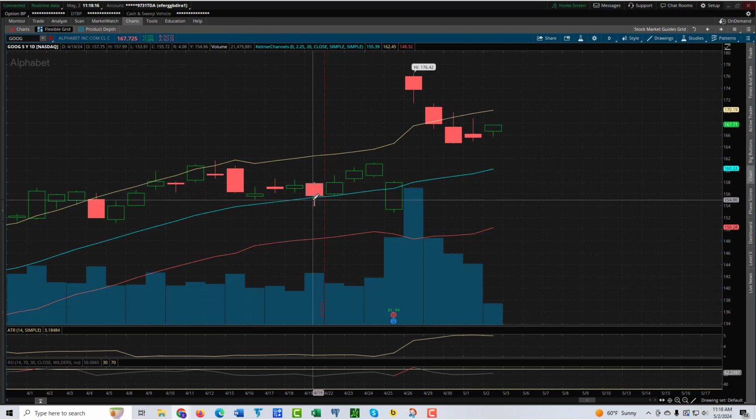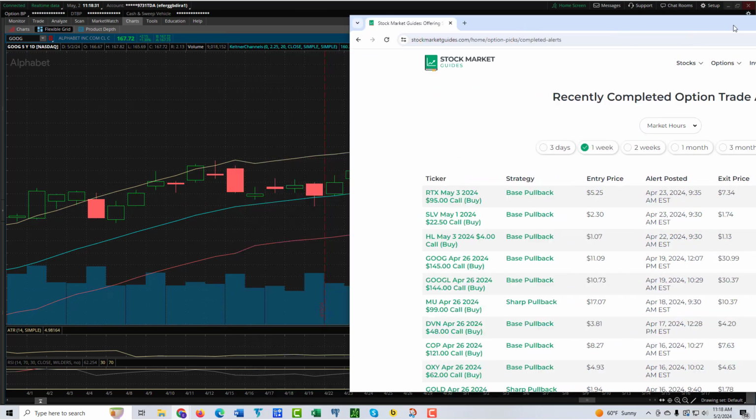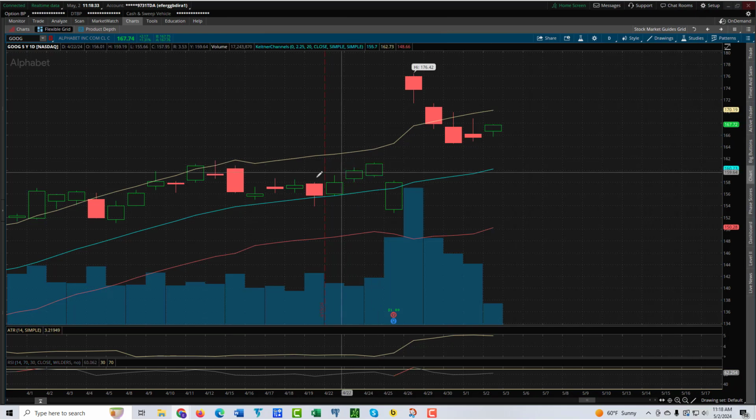This is a daily chart where each price bar represents one day of price activity. So the trade alert was sent at some point along this day, and it called for the position to be held until April the 26th. And you can see this right here. This is April the 26th.